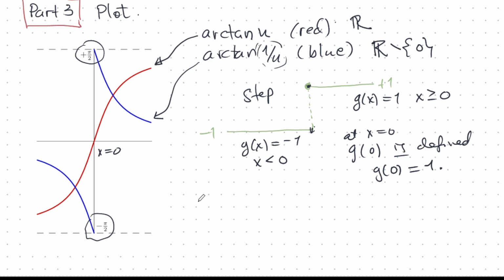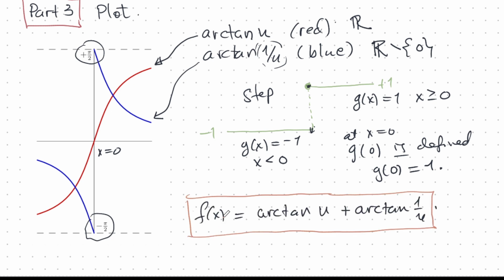That's very interesting, but we want to prove something about this function here, arctan u plus arctan 1 over u. This should be u equals 0. And okay, so we will start to do that in the next part.